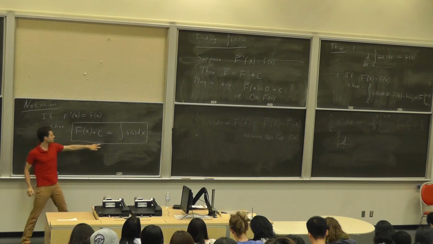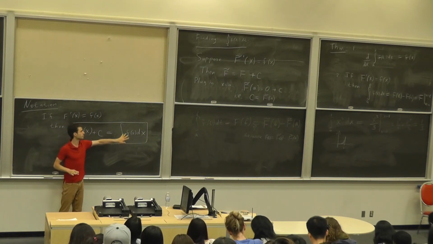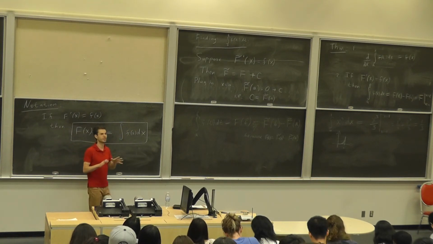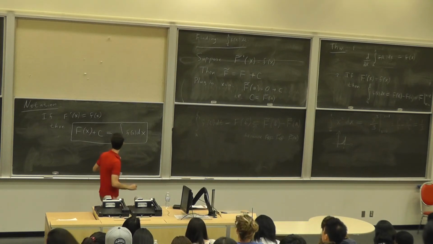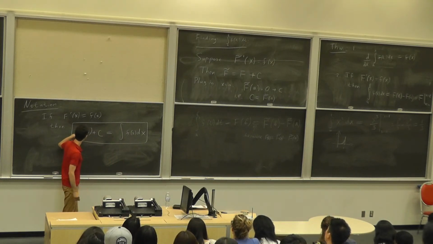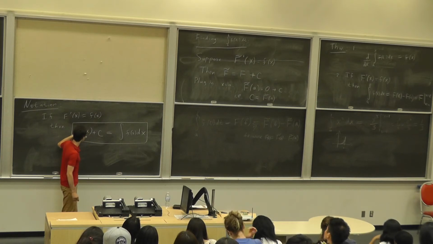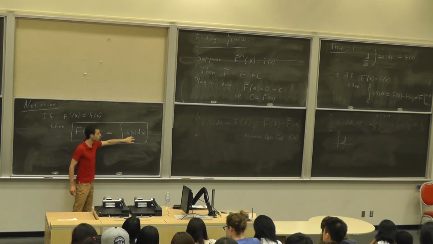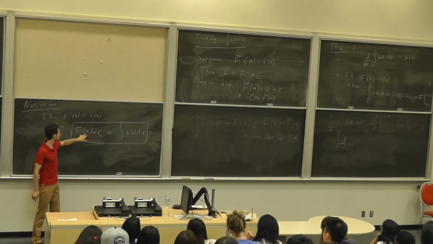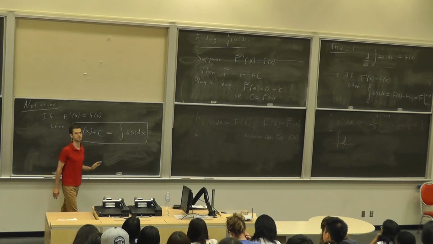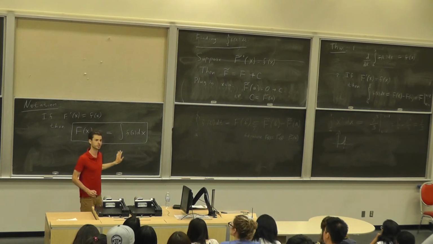Once again, this is not the integral that we encountered before. It's not the area. It's just a new notation which tells you all functions whose derivative is small f of x are large f of x, maybe plus a constant. Just a notation.